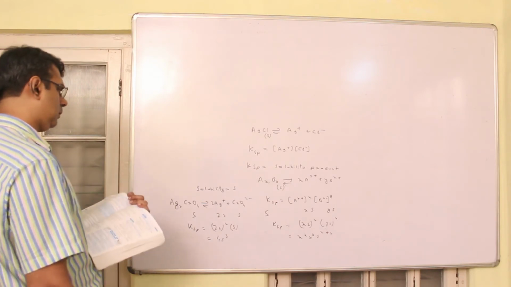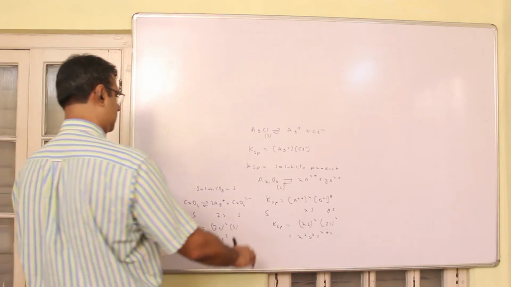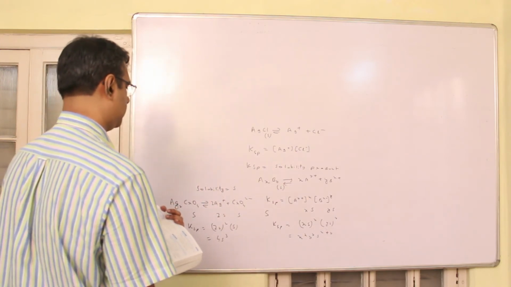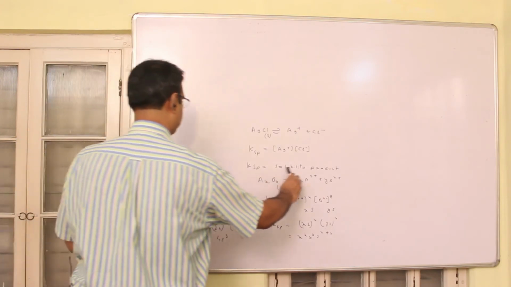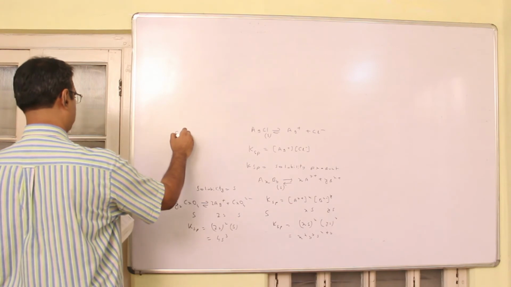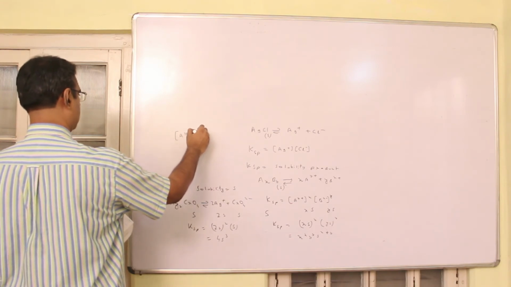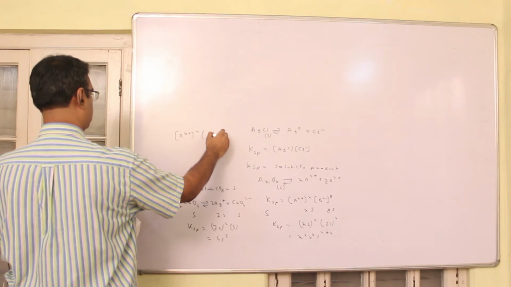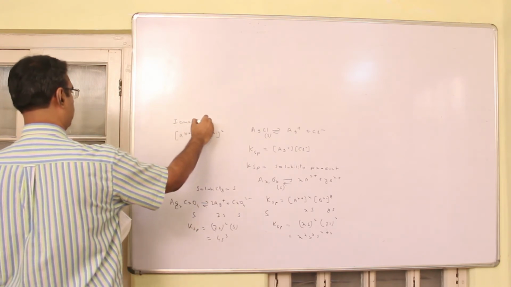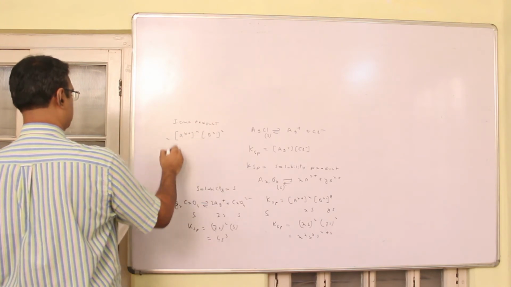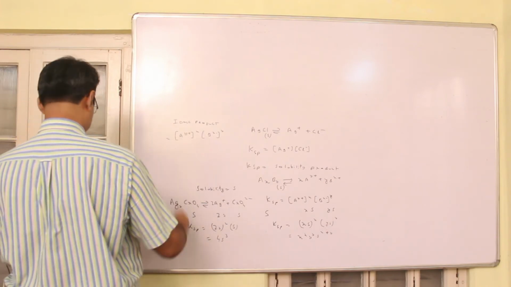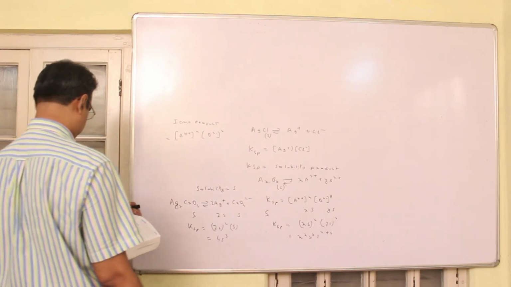Now let us say that this reaction has not yet reached ionic equilibrium. In that case, this particular product will not be called solubility product, it will be called ionic product. So in case the reaction has not reached chemical equilibrium, this product will be called the ionic product.